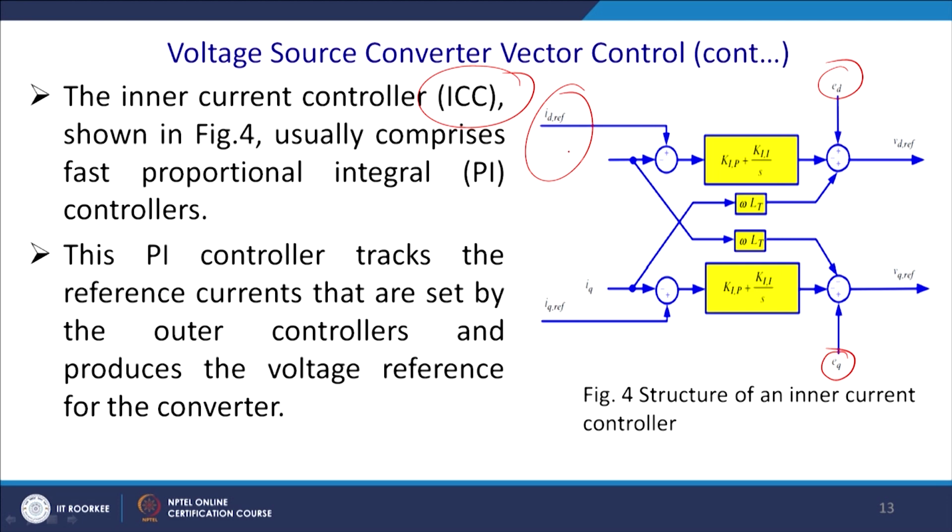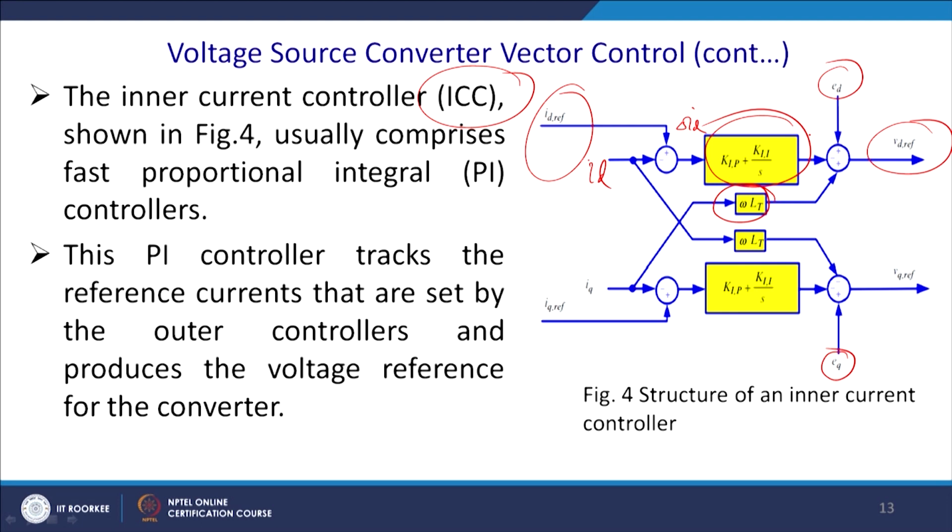What happens here: this point is your ID and this is your ID ref, and thus you get the delta ID, and that you feed to the PI controller. In the same way the IQ has to be multiplied with this cross term, and ultimately you add up, and it has to be subtracted, and that will be your VD reference.